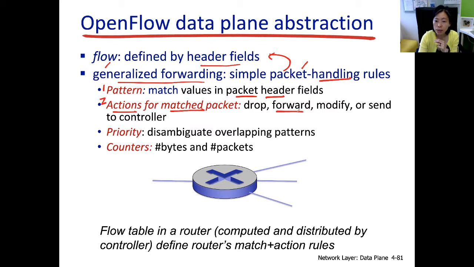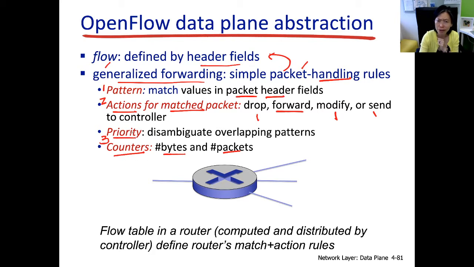It could be simply to forward the packet to the next router, or drop the packet, or modify the packet, or send the packet to the remote controller. That is usually for debugging purposes, by the way. And step 3, increment the counter so that we track the number of packets and the number of bytes matching the flow.